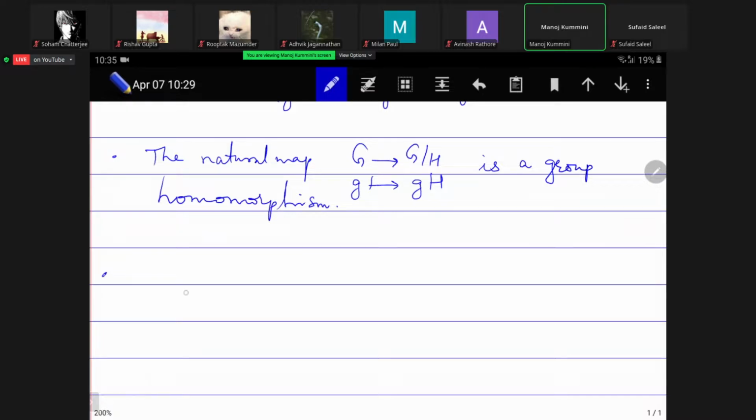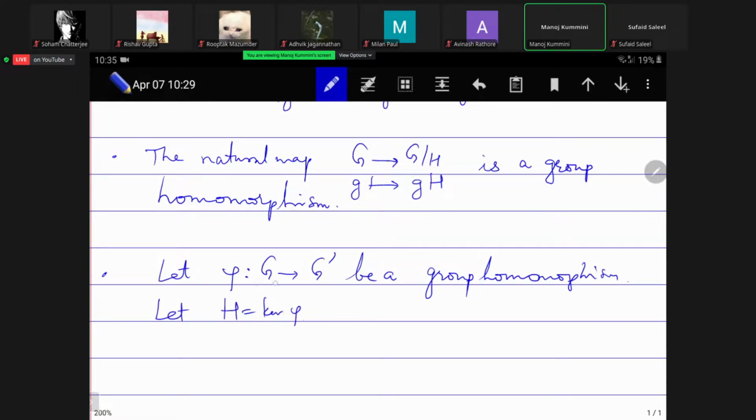And we began proving the following statement. Let phi from G to G prime be a group homomorphism. Let H be the kernel of phi. It is a normal subgroup because it's the kernel of a group homomorphism.